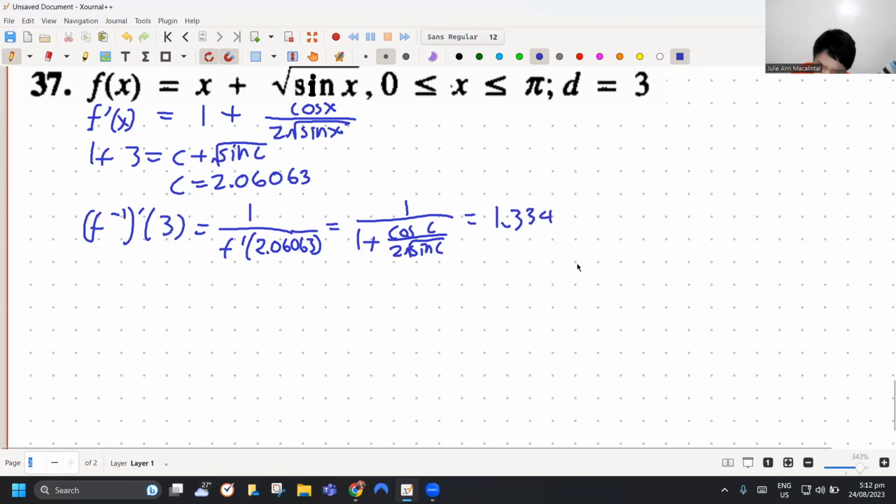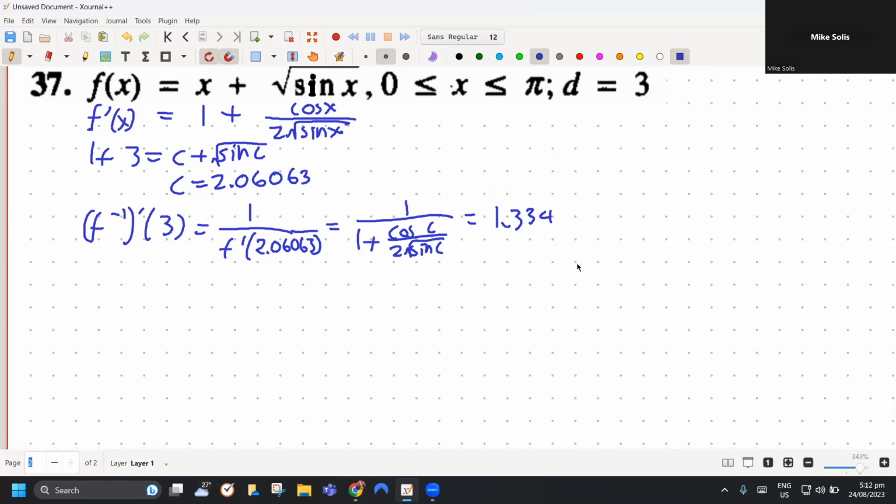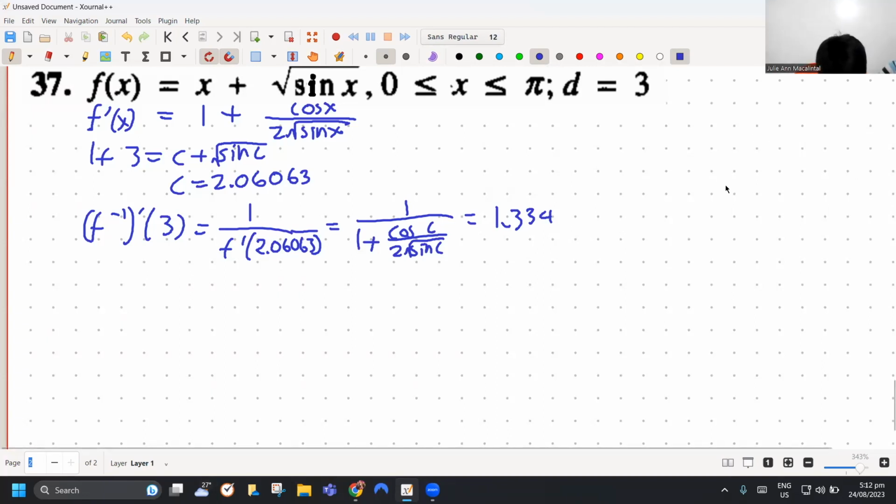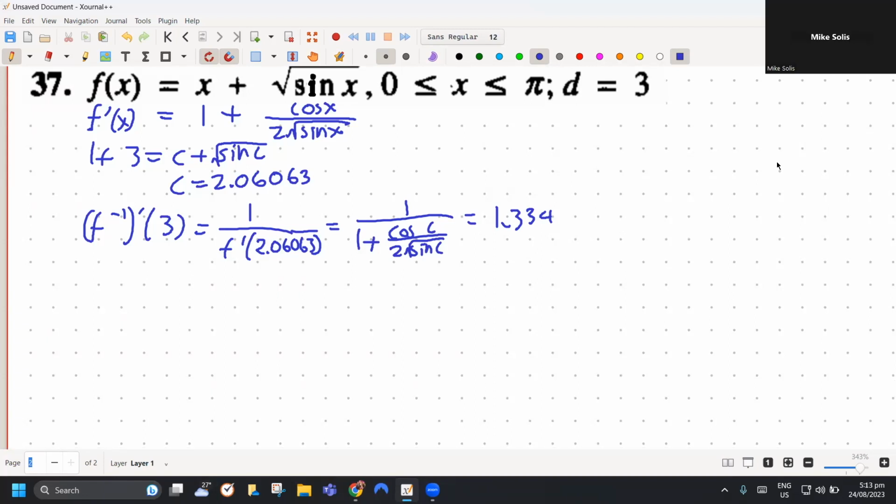I think po yung tamang answer is 1 plus cosine of 2.061 divided by 2 square root of sine of 2.061, tapos 1.334. Nagmamatch sa key, no? Calculator problem talaga siya.